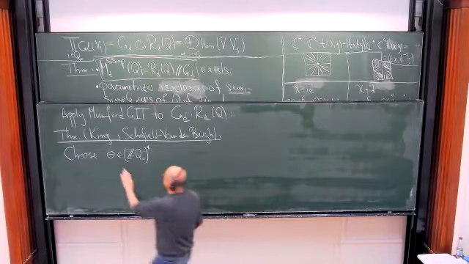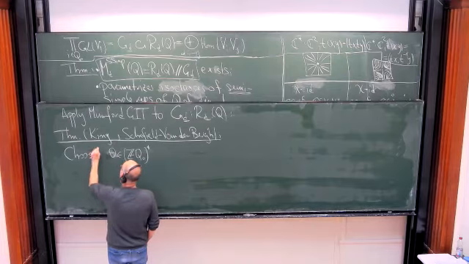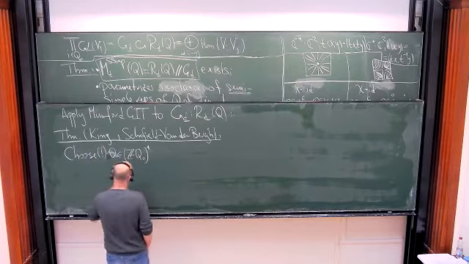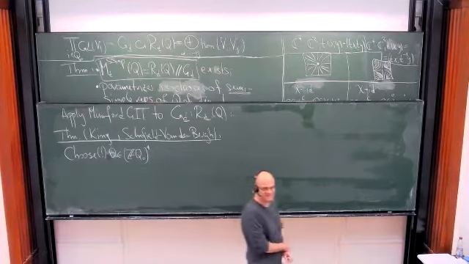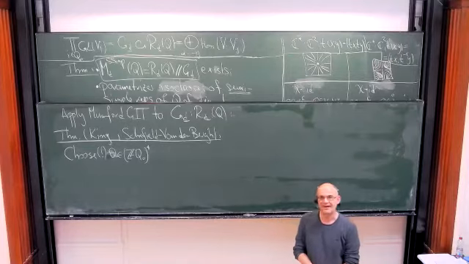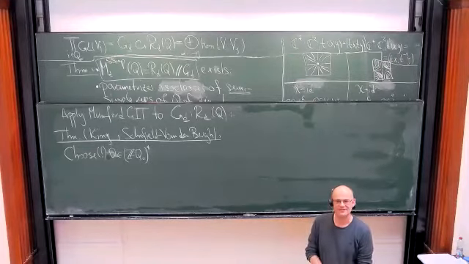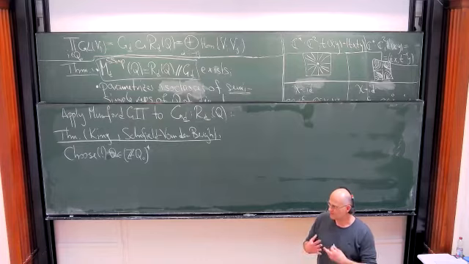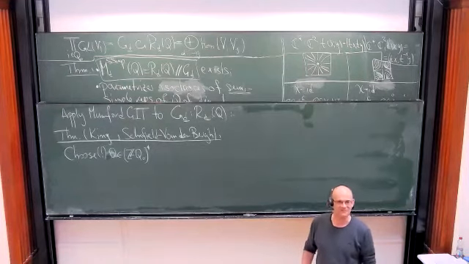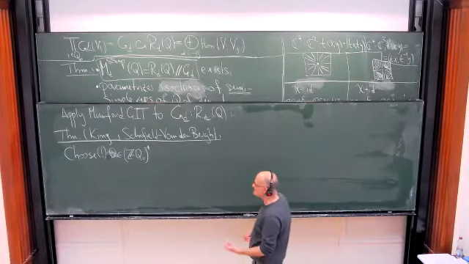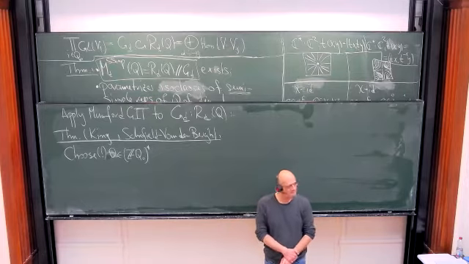Choose this. And this choice is crucial for the whole story, and it is subtle. If you make the wrong choice, all your moduli spaces will be trivial, like empty. And finding the right stability is often very non-trivial.